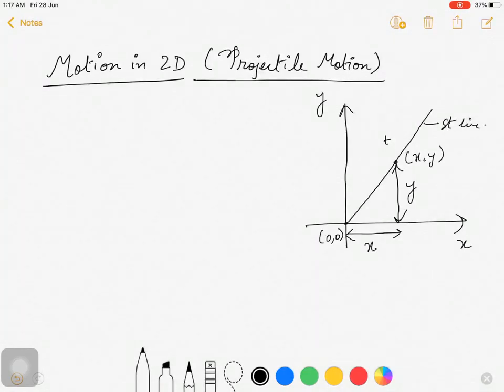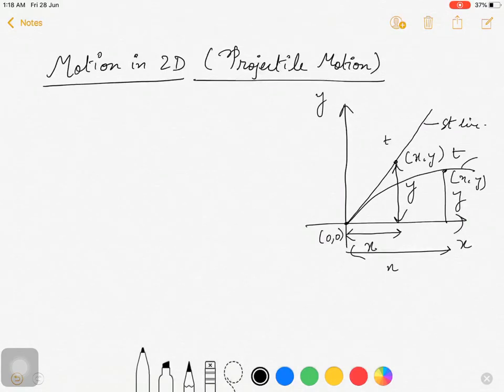Now also the particle can move in this direction in a curved path. In the curved path also, let us consider at time t its coordinates x, y. Also here it is traveling in y direction and also in x direction. So this is motion in two dimension in a curved path. So projectile motion is nothing but motion in two dimension in a curved path.